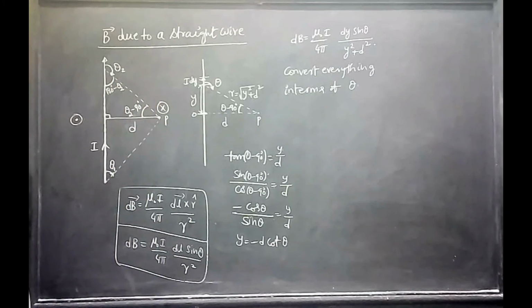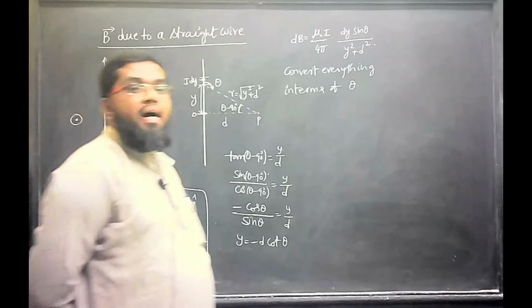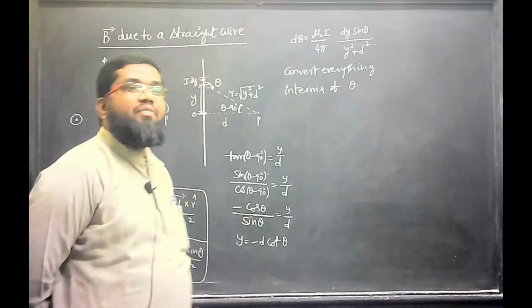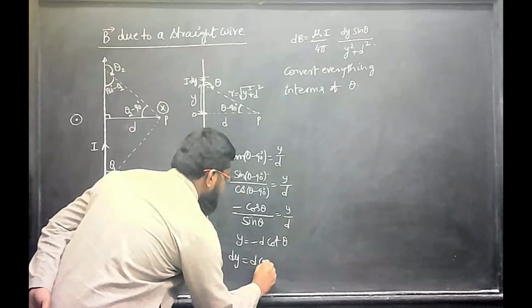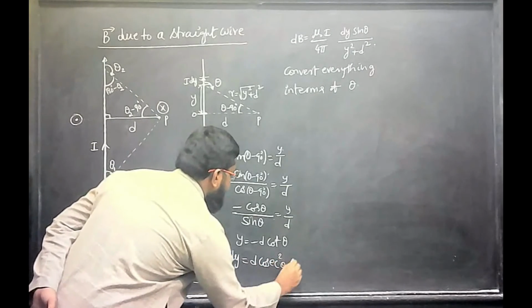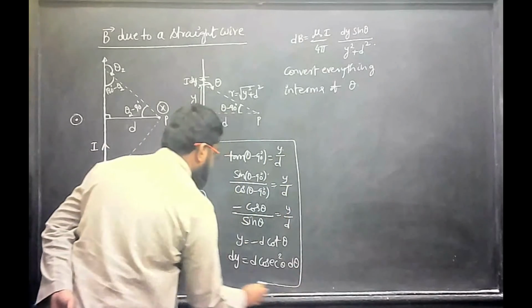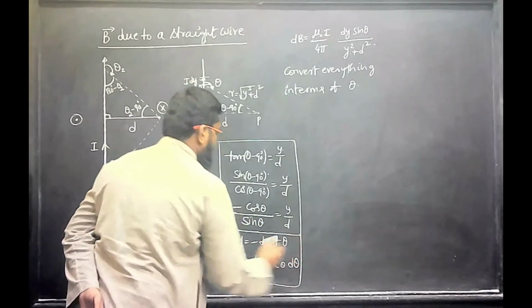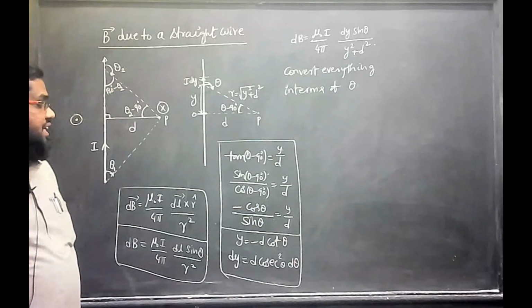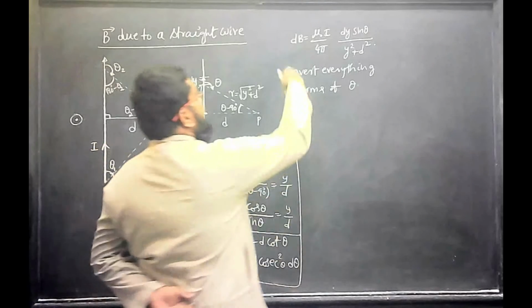Now do the differentiation of it. The differentiation of cot theta is minus cosec square theta. So dy will be equal to d into cosec square theta d theta. So y is equal to minus d cot theta, and dy is equal to d cosec square theta d theta. Now we will convert everything in terms of theta.